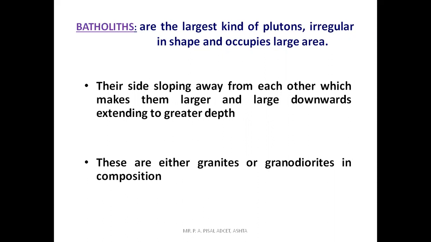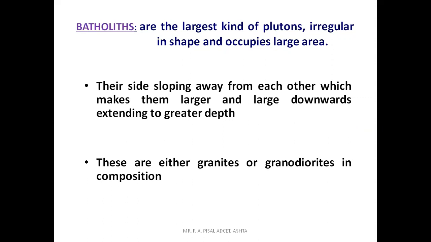Now their sides slope away from each other. Just remember that the two sides slope away from each other in opposite directions, making them larger and extending downward to greater depth.